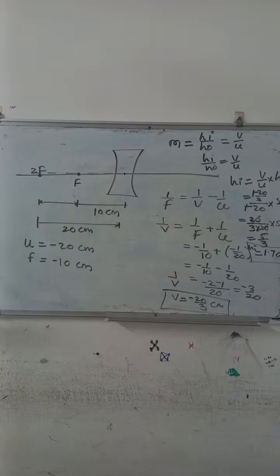First bit, use lens formula to determine the distance of the image from the lens. Second bit, list four characteristics of the image.